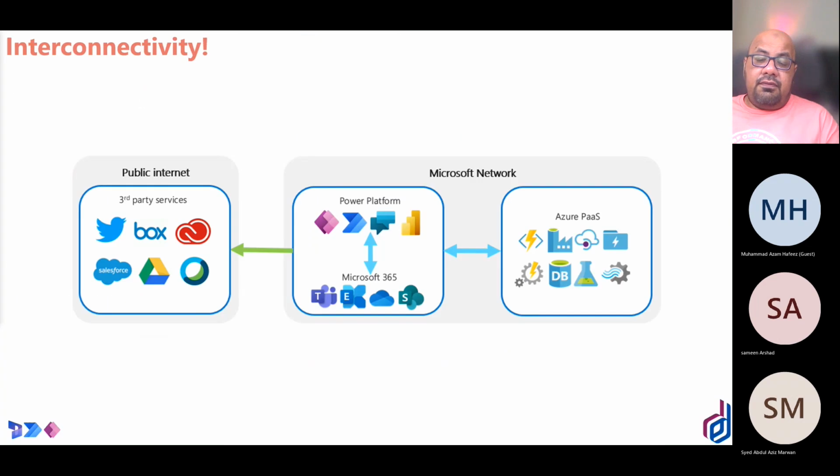In terms of interconnectivity, you fully understand the Microsoft network. In Microsoft, you have different technologies, business applications, and productivity tools. All of the Microsoft network-based applications can be connected by using Power Automate, as well as the applications or services which are available on cloud.